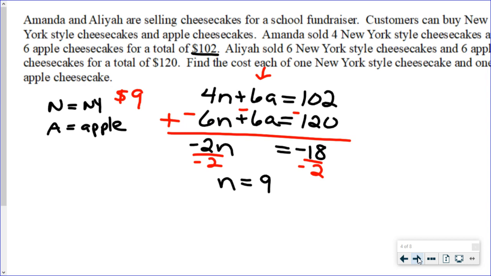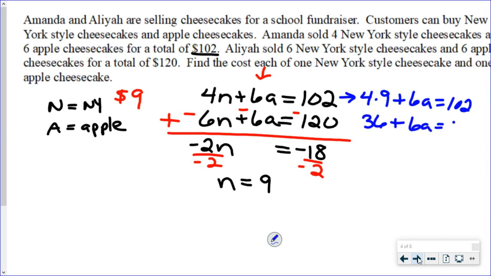And then I just substitute it in here. So 4 times 9 plus 6a equals 102. So 36 plus 6a equals 102. And then I just finish my equation. So I'm going to minus 36 from 102.